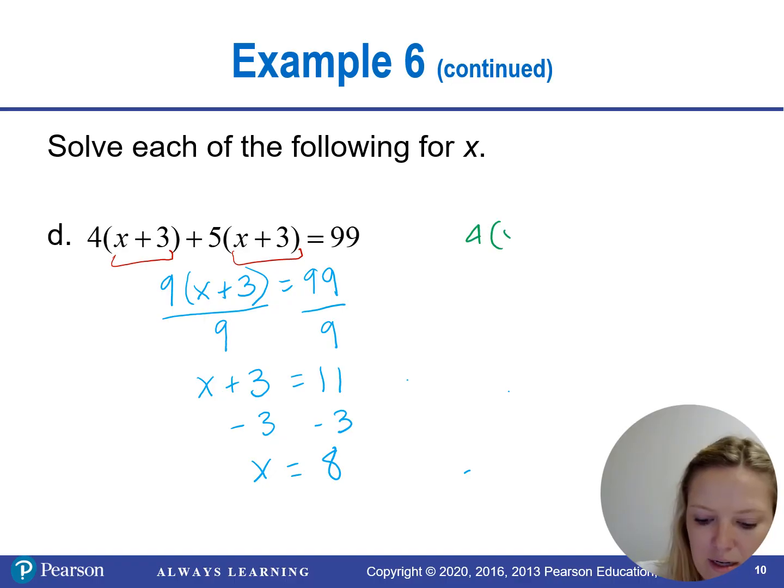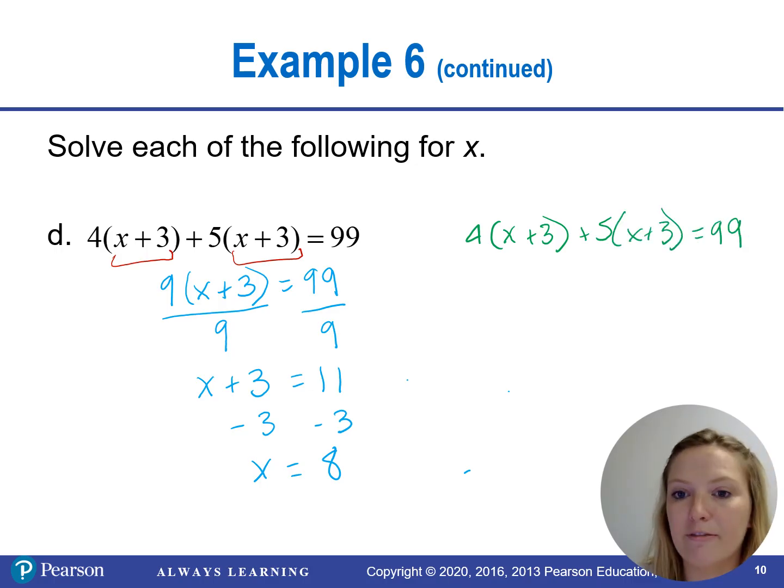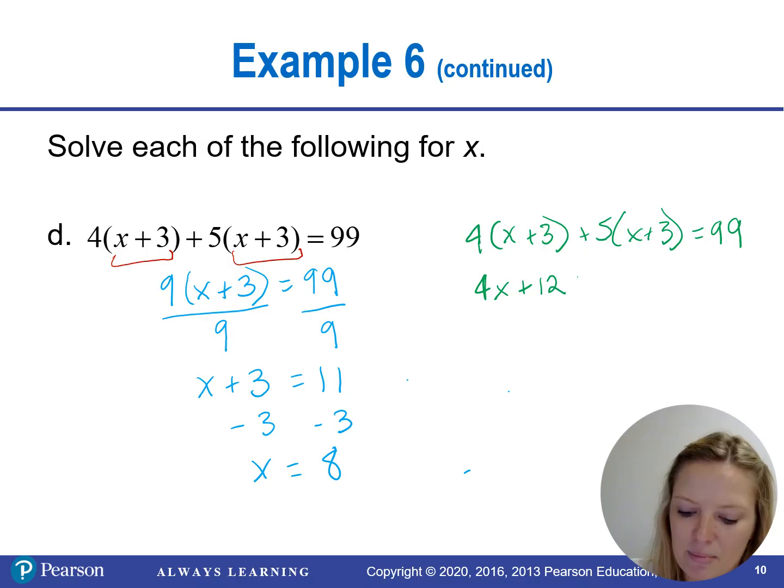And so like I was saying, the other way you could do this would be to first distribute. So we have 4 times (x plus 3) plus 5 times (x plus 3) equals 99. We could first distribute our 4 and our 5, so that leaves us with 4x plus 12, because 4 times 3 is 12, plus 5 times x, 5x, plus 5 times 3, 15, equals 99.